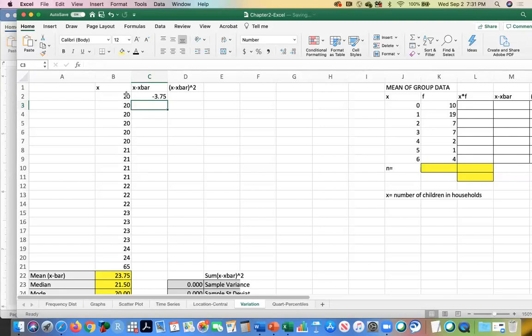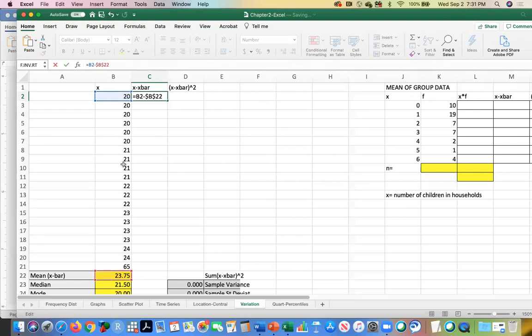23.75 is greater than 20. So I'm going to make a little trick here. I think I mentioned that before. I'm going to use a dollar sign, telling this computation that every data point is going to be subtracted by the mean.